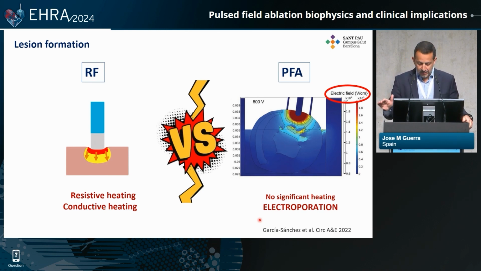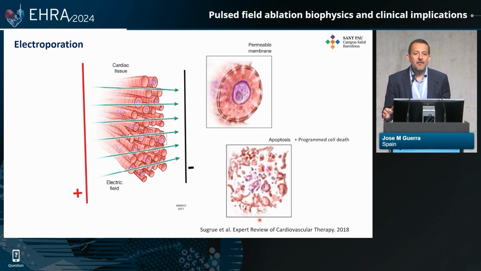We don't want heat. So we base our effect on something called electroporation, which I will explain a little bit later on. What we want is just to create a very powerful electrical field, very short in duration, because we don't want to heat. That very powerful electrical field for a very tiny amount of time creates a biological phenomenon called electroporation.